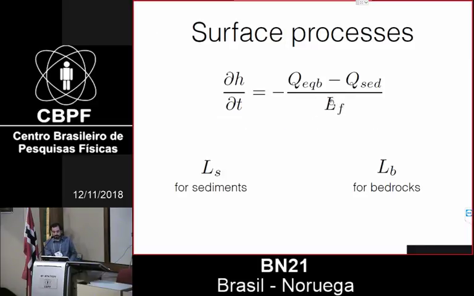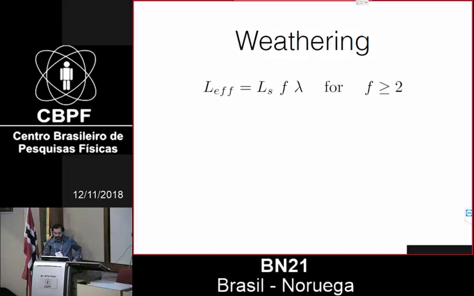Usually, this parameter controls the erodibility of the rocks, and most numerical models divide only into sediments and bedrock. But here, to simulate the formation of the Araripe, which is capped by a duricrust, I incorporated a weathering process that can turn a certain layer of the sedimentary package more resistant to erosion than the bedrock to simulate the evolution of the Araripe.